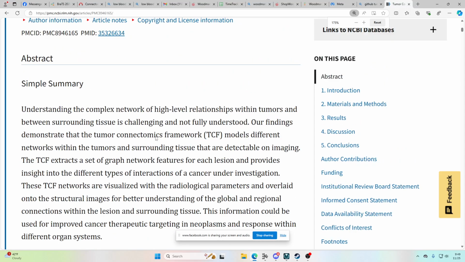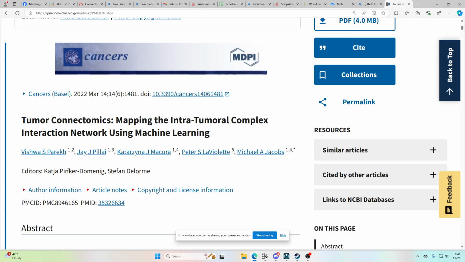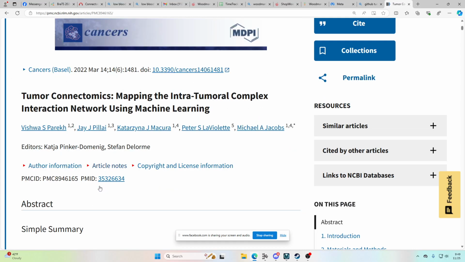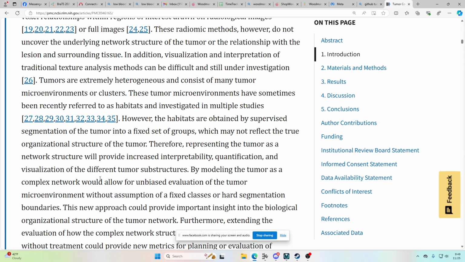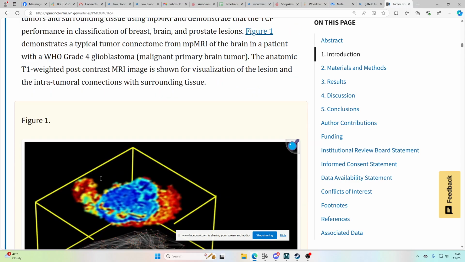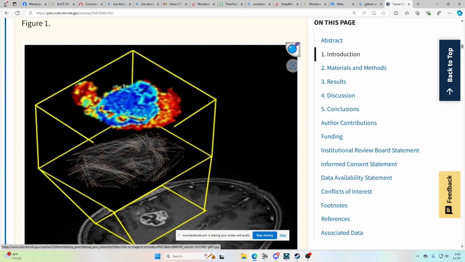So, mapping intratumoral complexity interaction networks using machine learning by Vishwa Porak et al. They basically do radiomics. It's a radiomics platform that analyzes different voxel parameters in a multi-parametric MRI data set, for example, that contains different weighting images.